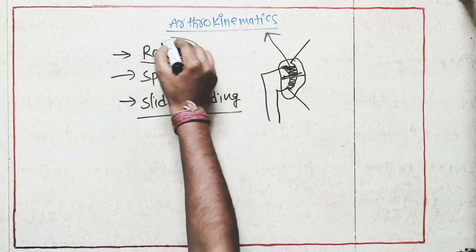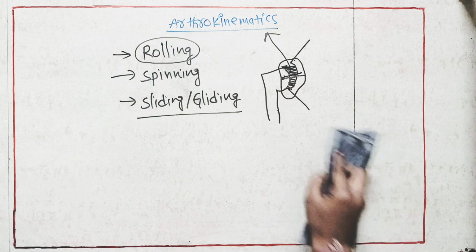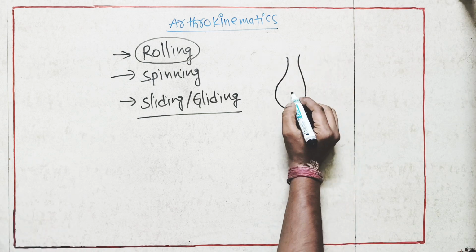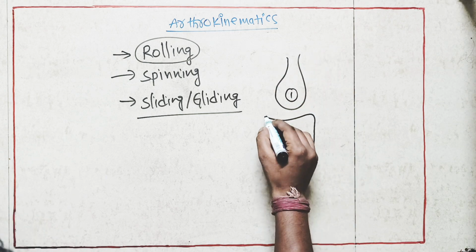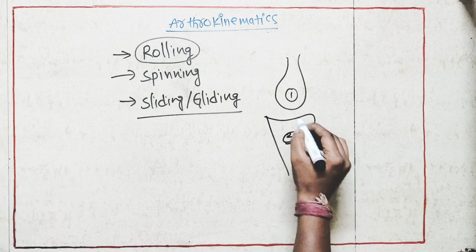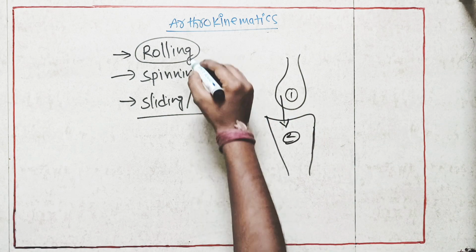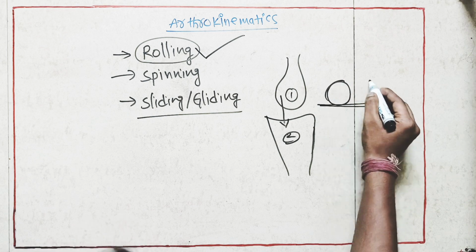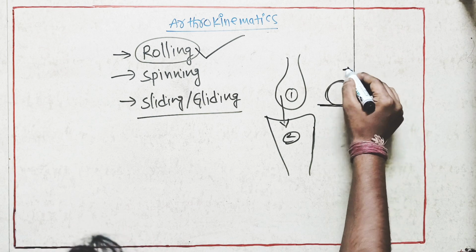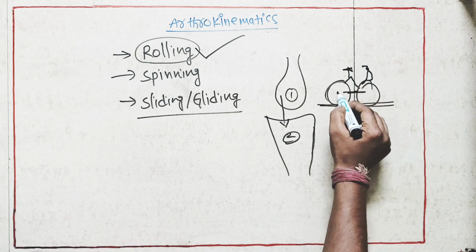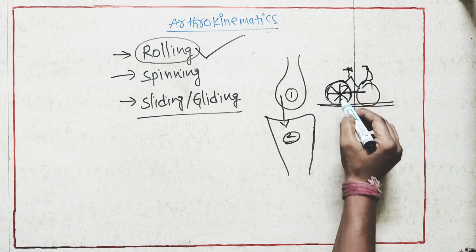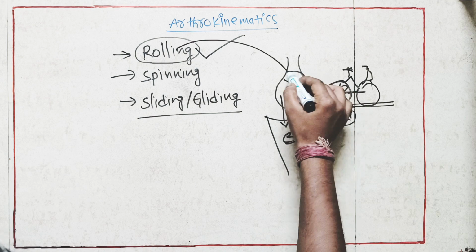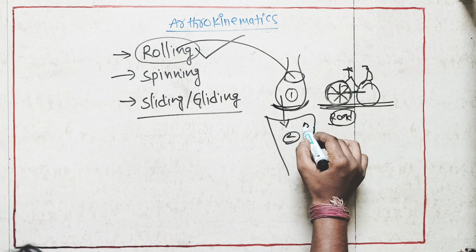First we'll see rolling movement. What does rolling movement mean? Simply, one articular surface will roll on another articular surface. That is rolling. Just like if this is the road and this is the wheel of a cycle, how the cycle wheel rolls on the road, in the same way one joint surface will roll on another articular surface.